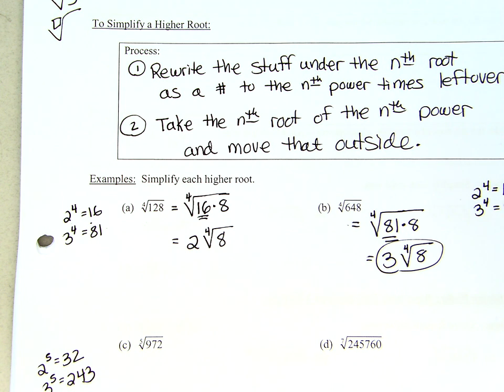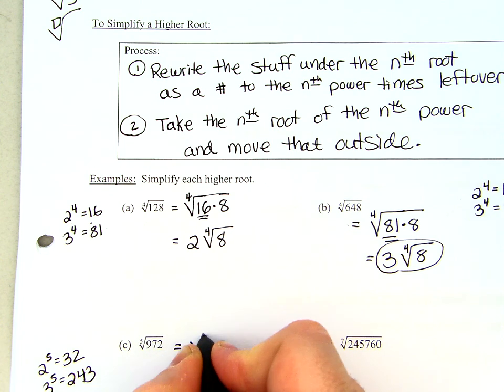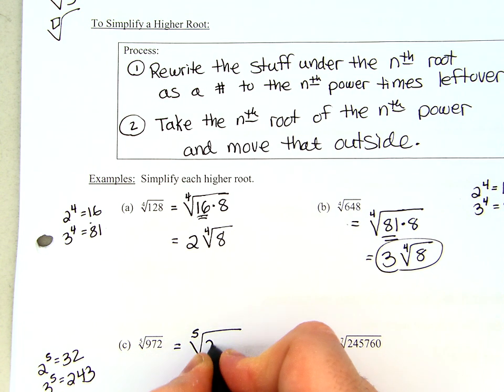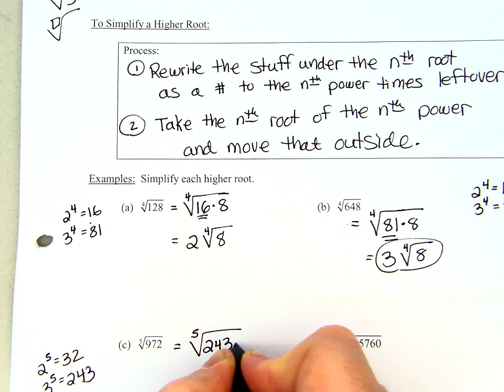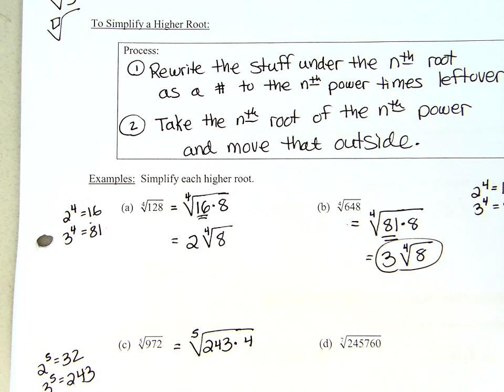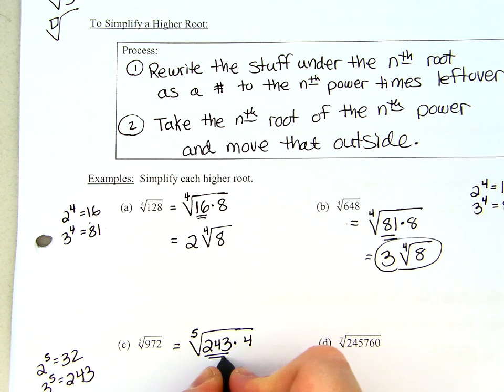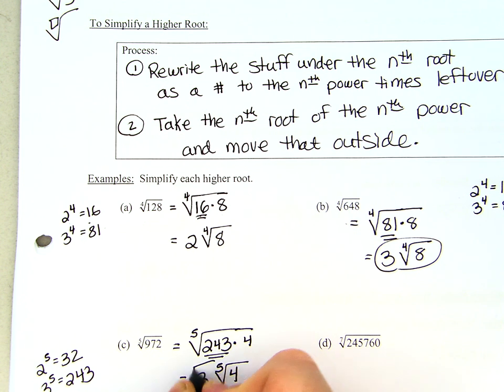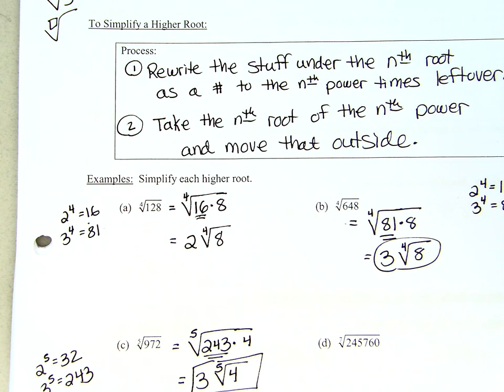Did that work? Oh, wait, yeah. So fifth root of 243 times, I think 4 is the leftover part. What's the fifth root of 243? 3, because that's how I created it. 3 times the fifth root of 4. You try the next one.